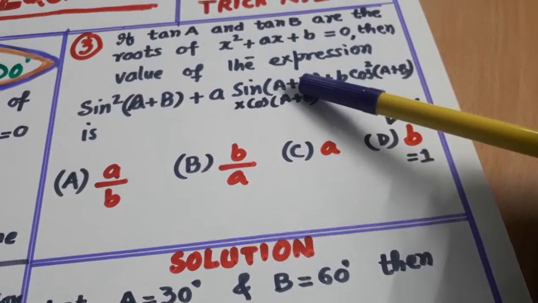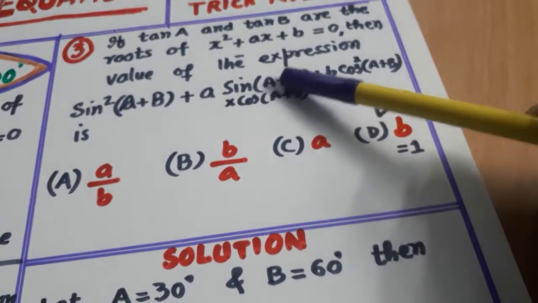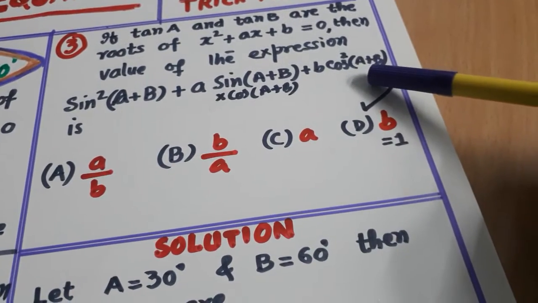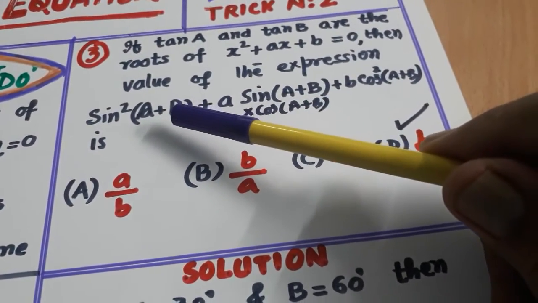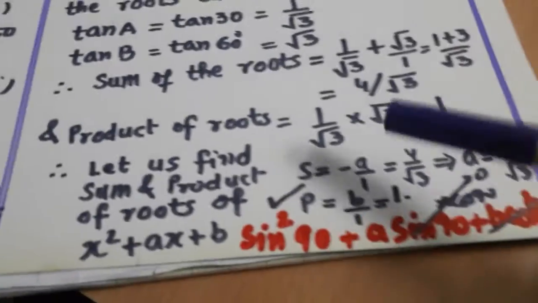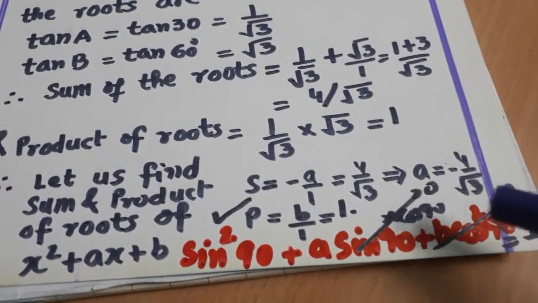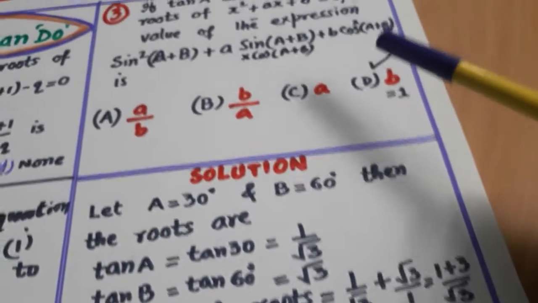So A plus B is 90. Sine 90 will be 1, however cos 90 will be 0. It will become 0. Sine A plus B, sine 90 is 1. Answer will be 1. Look here, on comparison, the value of B comes 1. So answer will be B.